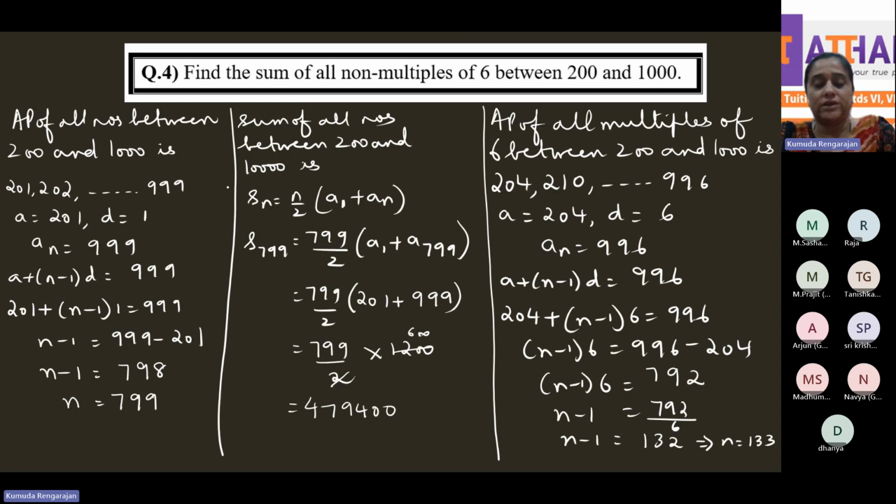Now we need to find the sum of all the multiples of 6 between 200 and 1000, with n equal to 133.